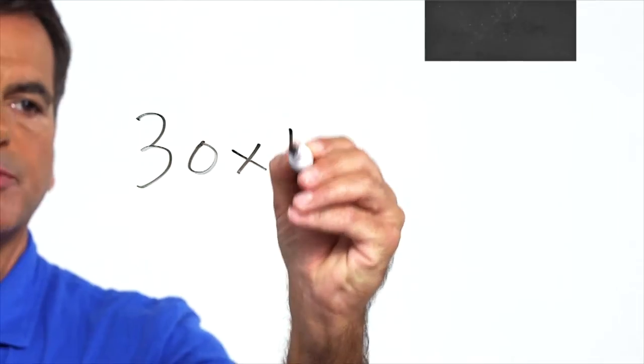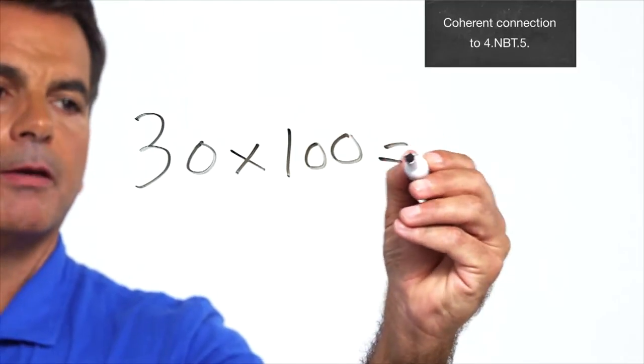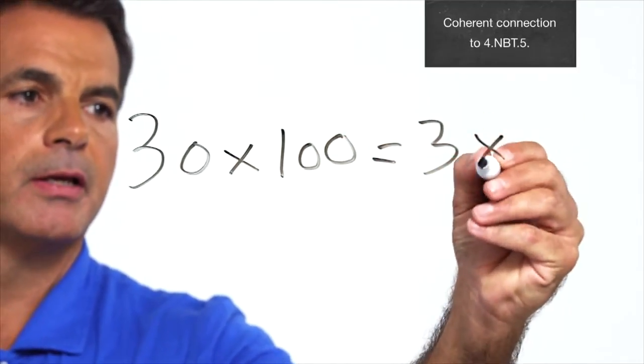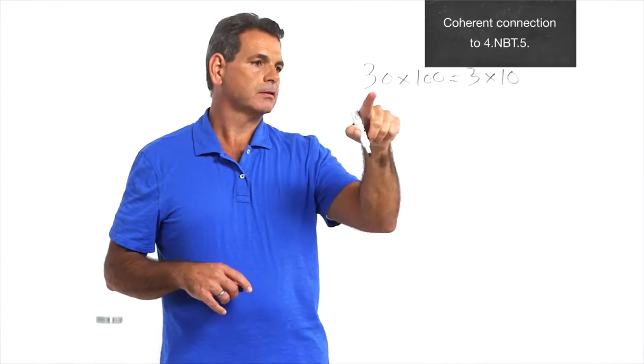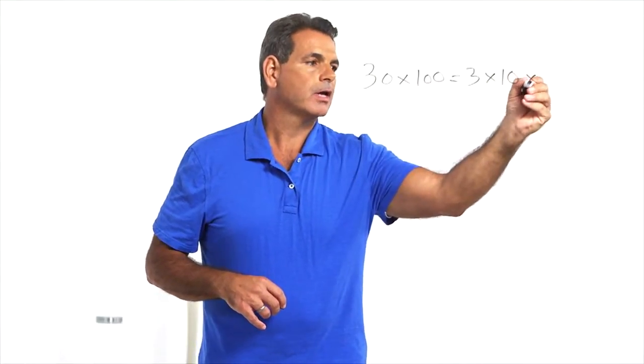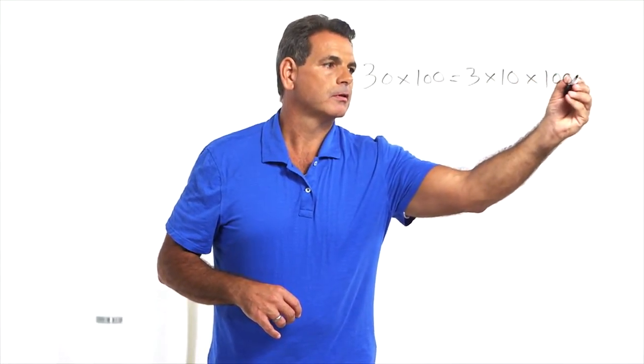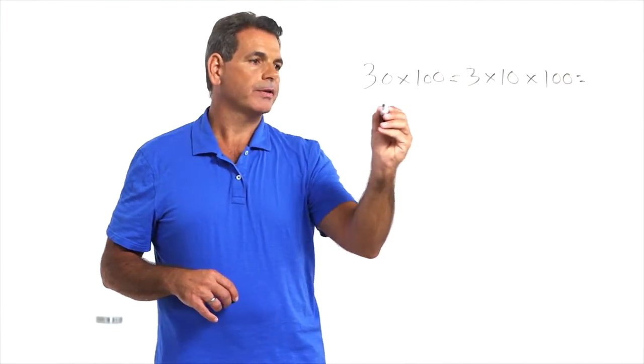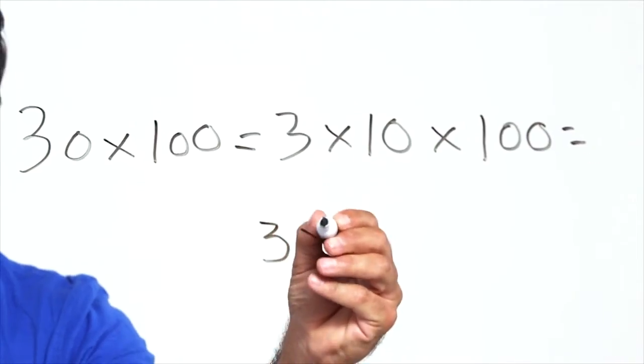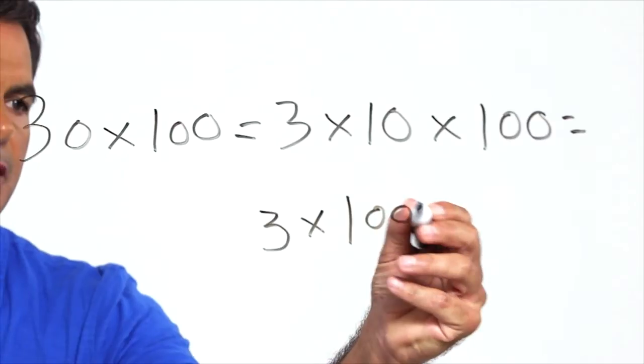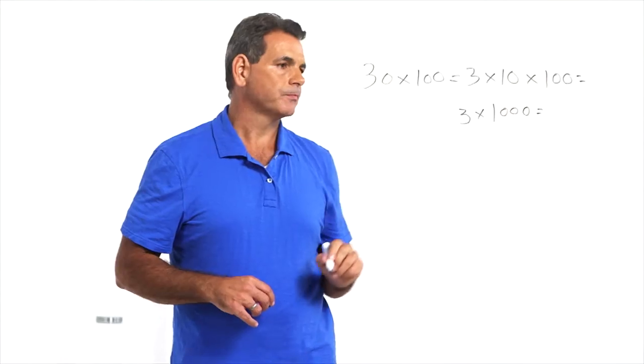30 times 100 can be 3 times 10, there's your 30, times 100. Now we can make this 3 times 1,000. You see where that came from?